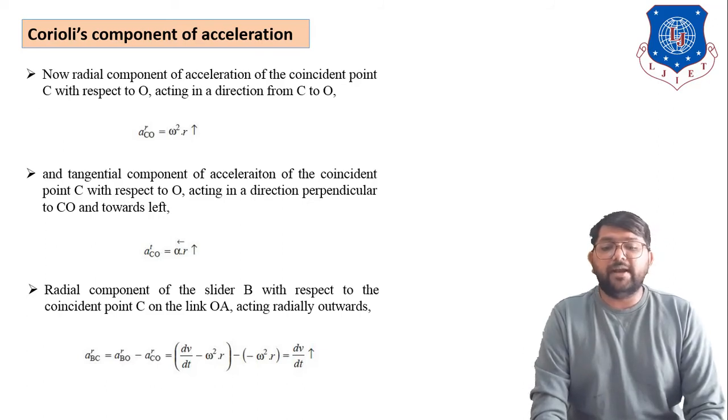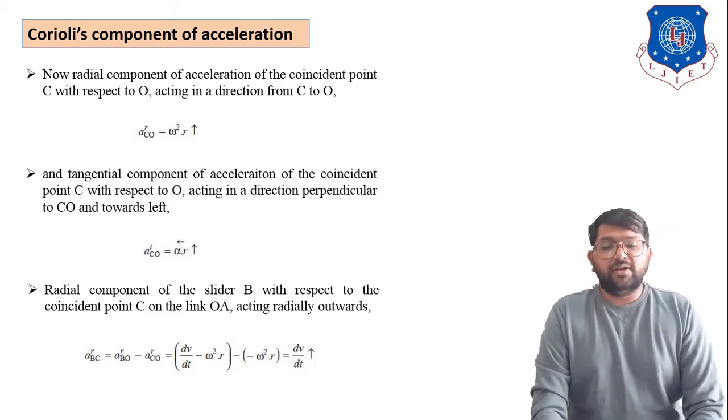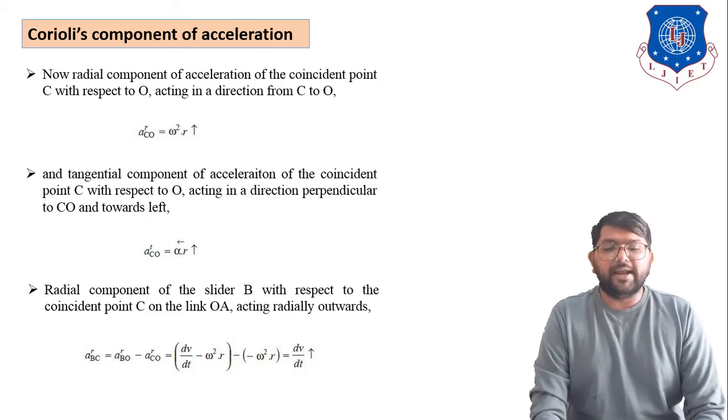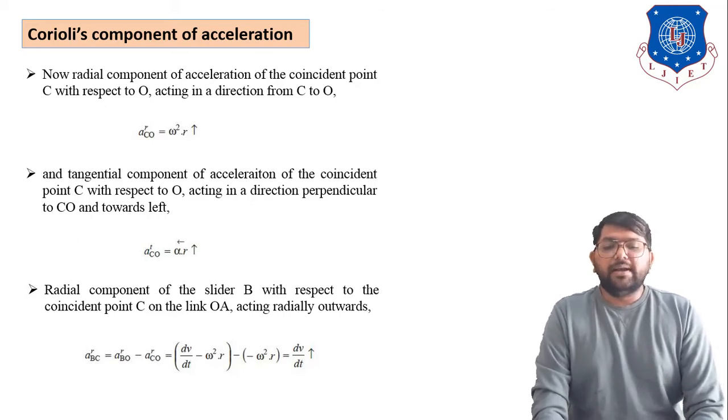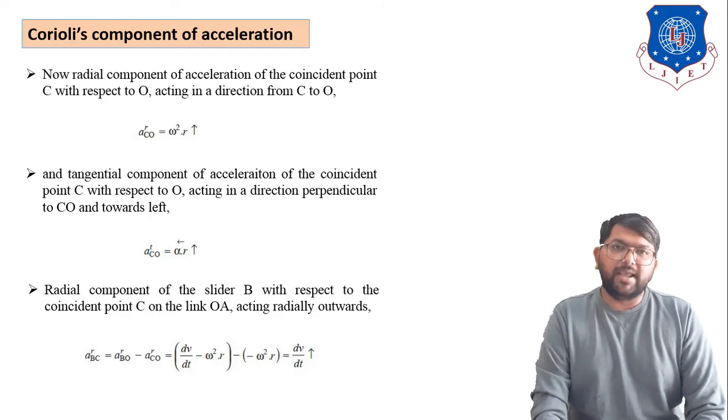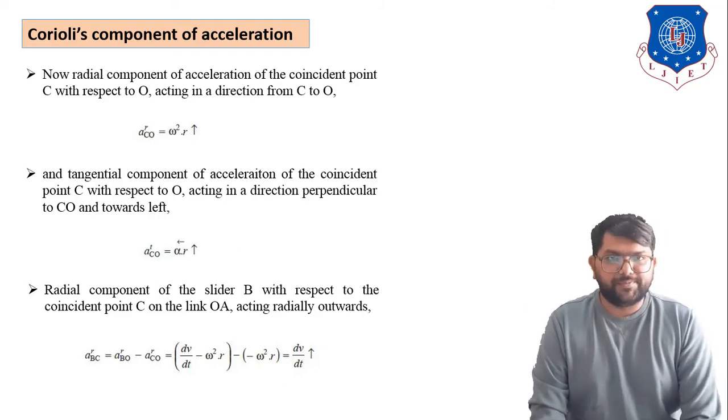Radial component of the slider B with respect to the coincident point C on the link OA, acting radially outward. So acceleration at BC is equal to acceleration at BO minus acceleration at CO, is equal to dv by dt minus omega square into r minus, in bracket, minus omega square into r, is equal to dv by dt in upward direction. Simple mathematical expression.